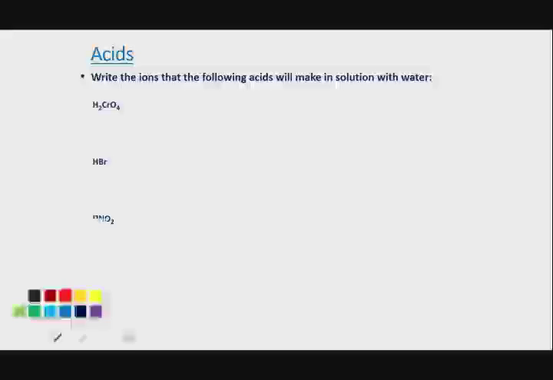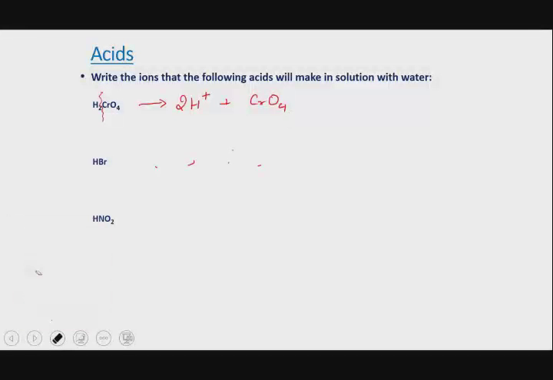Okay, so the first one, when this is dissolved in water, once again the molecule breaks up such that H+ is created. How many H+ for this one? 2, because there were 2 to start with, and then the rest of the molecule becomes the anion. What do you think will be the charge on the CrO4 ion?